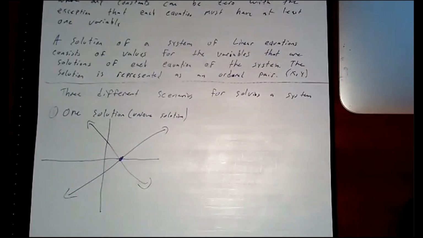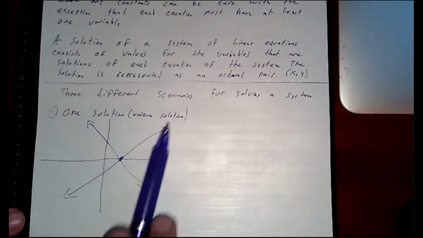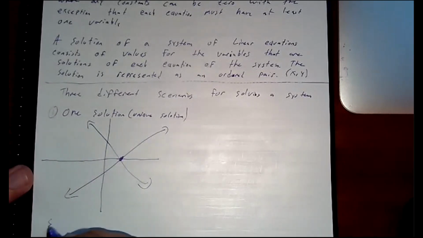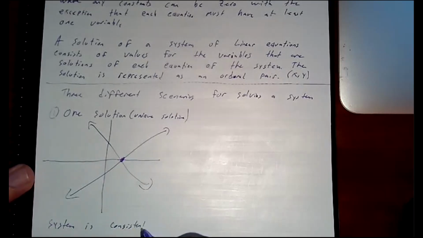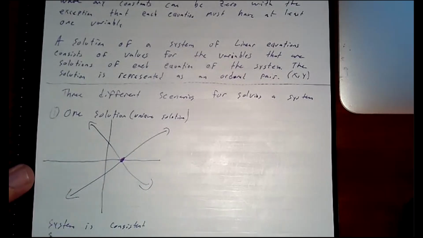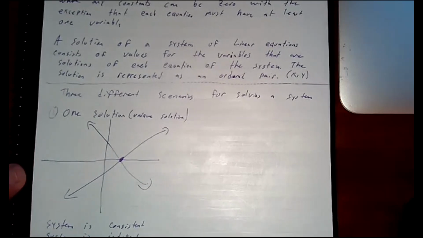So this is called one solution or unique solution. They call the system consistent. It's another word they use for having a solution. The system is independent, meaning there's just one solution.